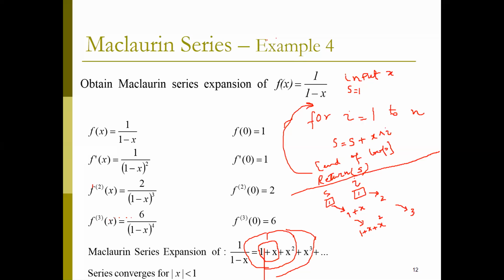So if I extend this to 5 terms, then the loop will end at x raised to the power 5. If the value of n is 8, then the loop will end at 8 terms in the expansion. So this is the way of writing a Maclaurin series.